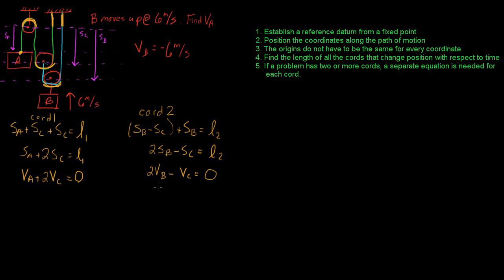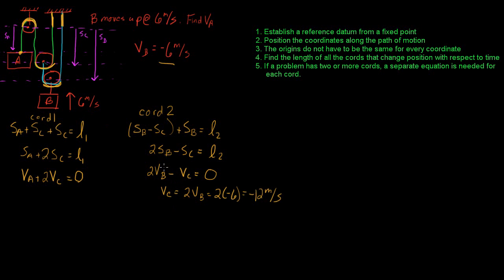Now, we have a value for VB, so VC is equal to 2VB, which is 2 times minus 6, and this is equal to minus 12 meters per second.